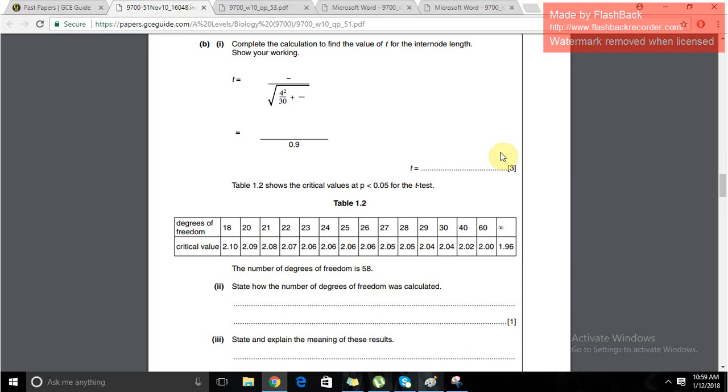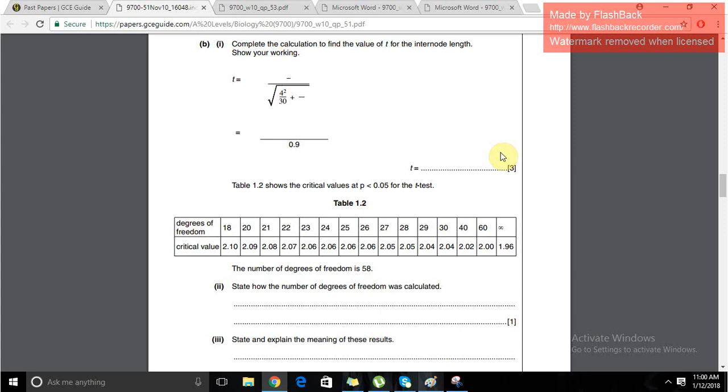That is basically how degrees of freedom work. In the case of a chi-square test, it is n minus 1, n being the sample size, whereas in the case of a t-test, you actually have to increase the value.